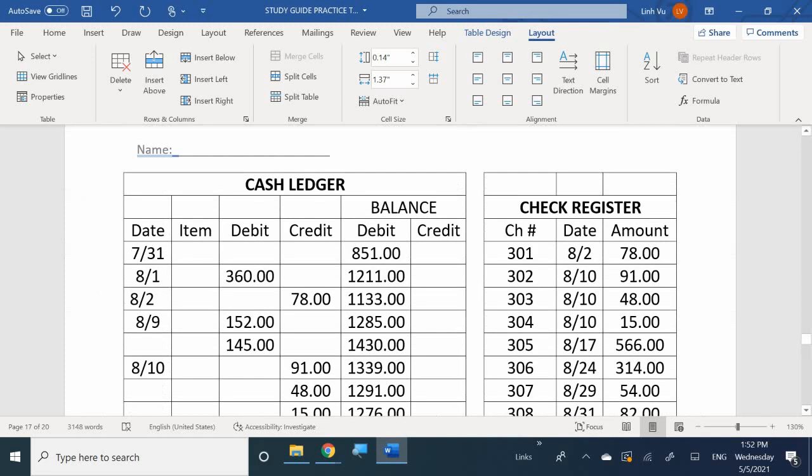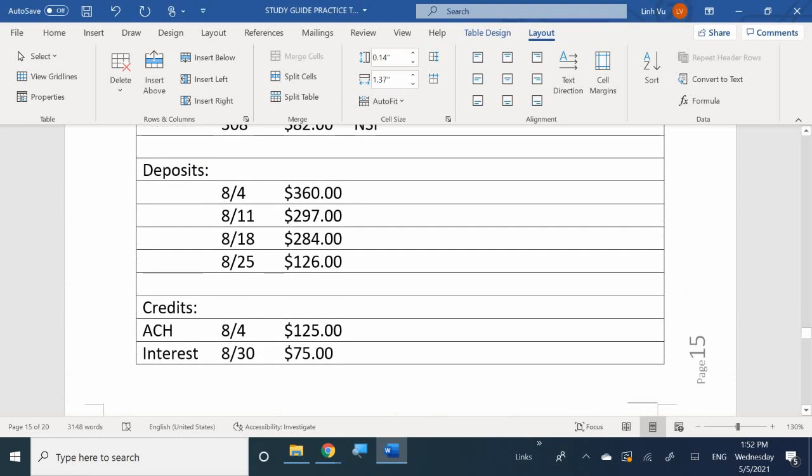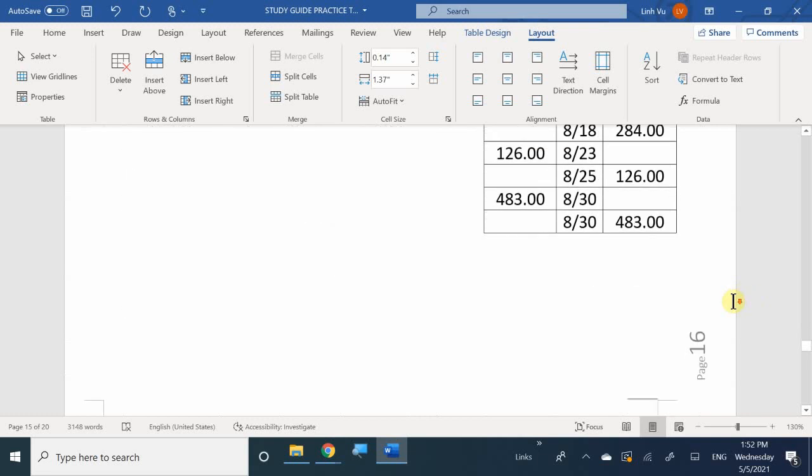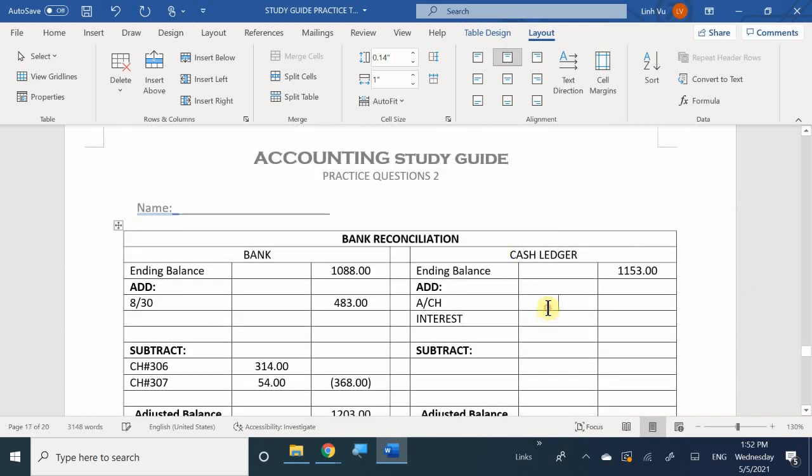Do we have ACH or interest collected in our bank? Yes, we do. We have ACH and we have interest. ACH is 125. Interest is 75. So therefore, how much in grand total do I need to add to my account? $200. Okay.